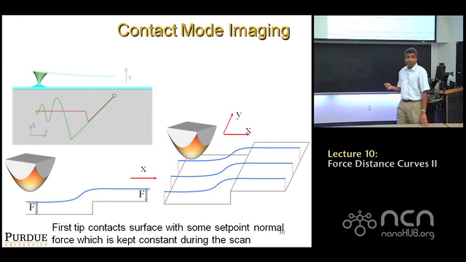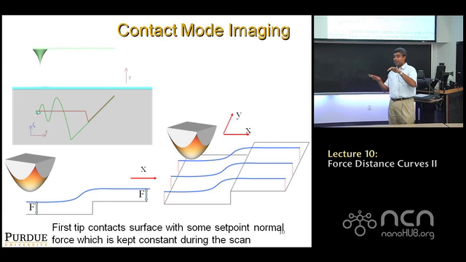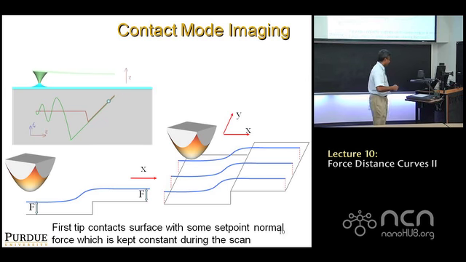Another thing you might be doing by mistake is you might choose a set point that corresponds to the tip still being inside the liquid layer that sits on top of your sample and not physically touching the sample, in which case you might be imaging the surface of the liquid film that sits on top of the solid. So when you do contact mode imaging, keep in mind that you have to understand the FZ, FD, the surface physics, and then choose the appropriate forces so you understand what image you're getting.